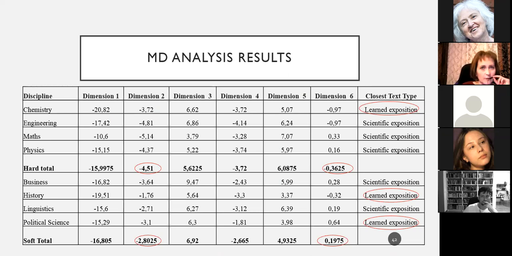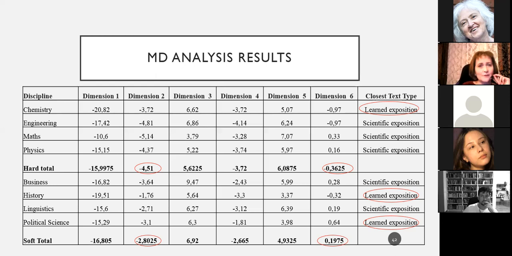First, we can see that texts in most disciplines were labeled as scientific exposition by the tagger, except papers in chemistry, history, and political science, whose closest text type was defined as learned exposition, meaning that they were found to be less technical than the other sciences.